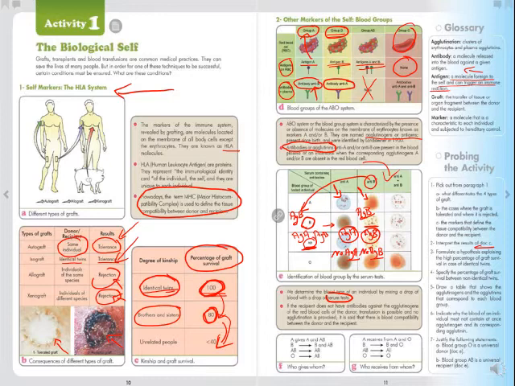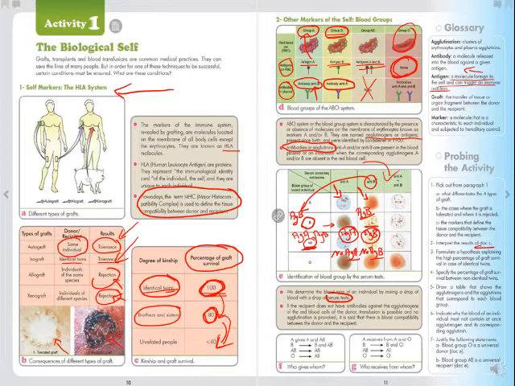They said that blood group O is called a universal donor. Why? If you see here in document D, blood group O contains no agglutinogen. There are no antigens. So when blood is transfused into another blood group, we have to look at the recipient's antibodies.